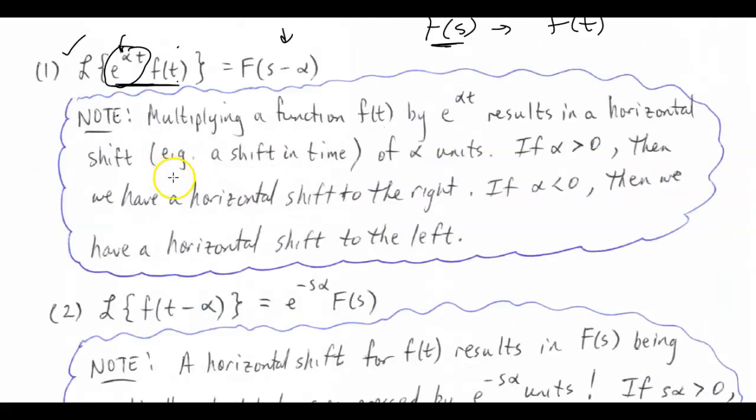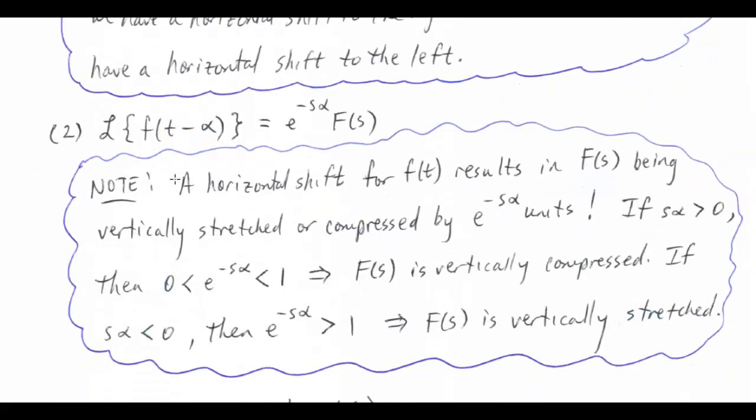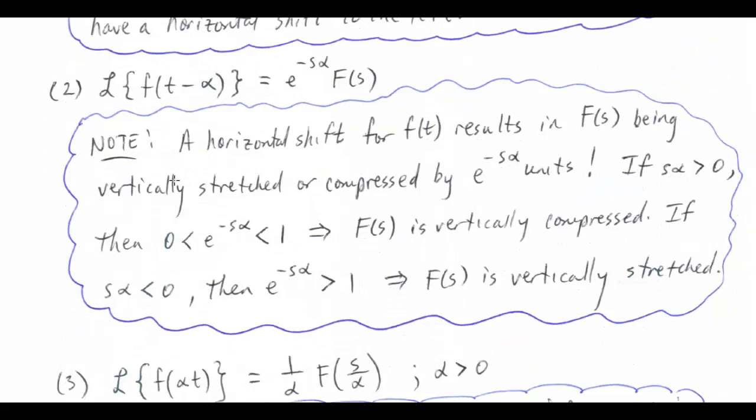All right, so our next transformation lets us know what happens if we flip the situation. Let's say we want to take the Laplace transform of a function, and that function has a horizontal shift in it. What does that look like in the s domain, or the frequency domain, or the Laplace transform domain? I'm trying to use it in all three ways.